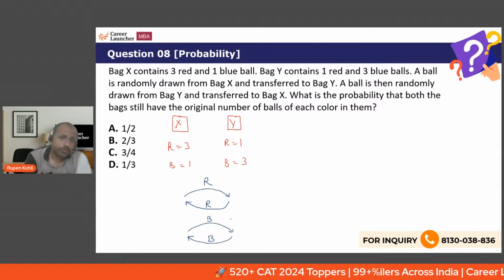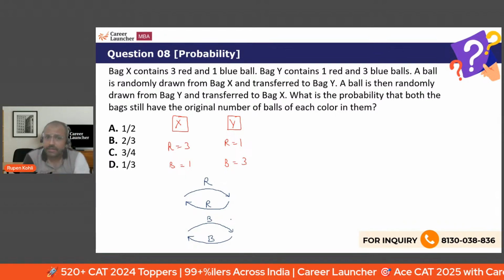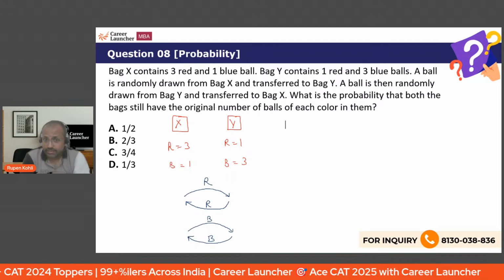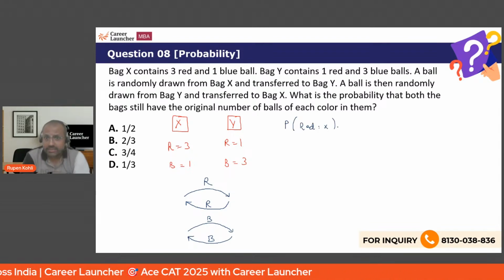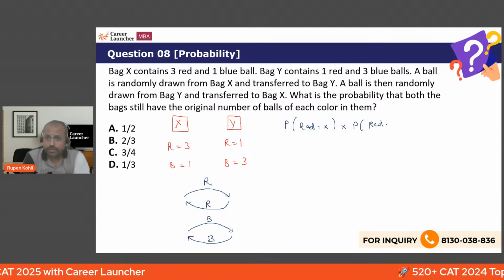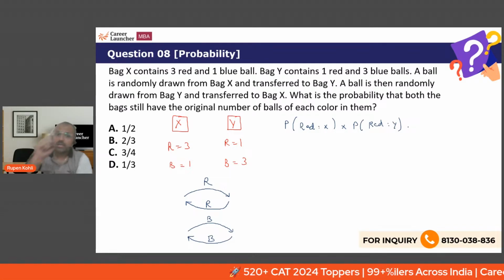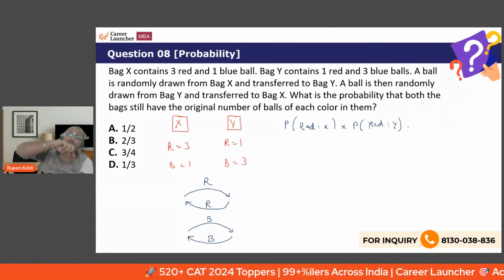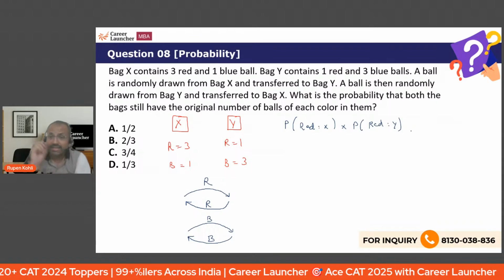So the required probability is the sum of the probabilities of these two events being done in succession. So probability of red ball from bag X and then in succession, again red ball from bag Y being drawn. Remember, the number of balls in bag Y have changed by now, so you have to take that in consideration.